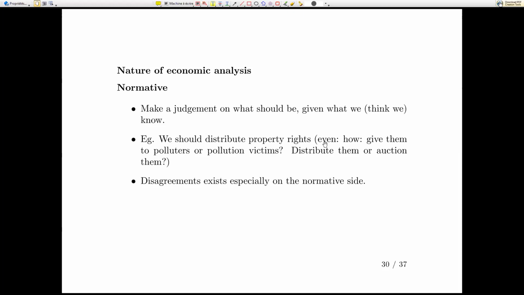So it's a question of redistribution. How do we distribute property right? What will work best? Then there's all this aspect of norms, basically. All of these examples, for now, might be a bit hard to understand, but we're going to see most of them later.